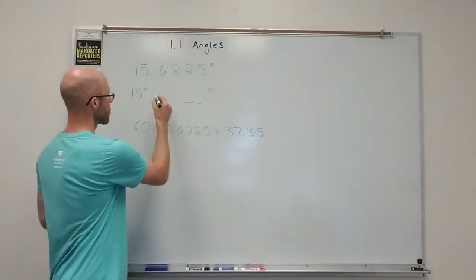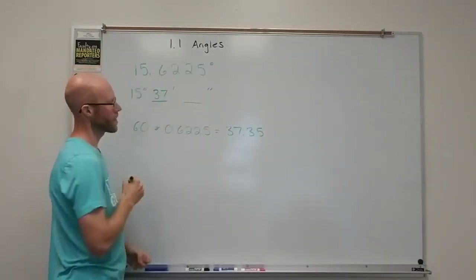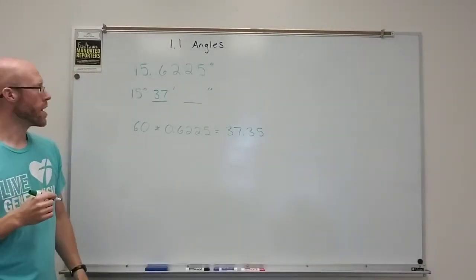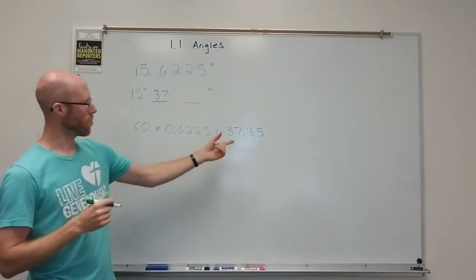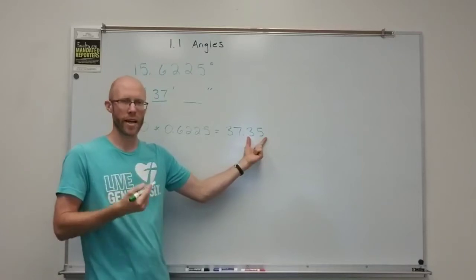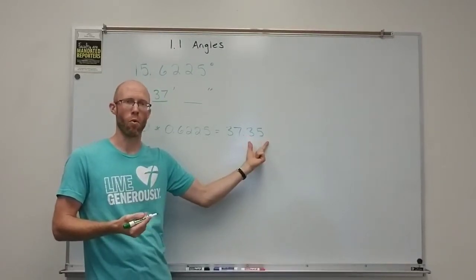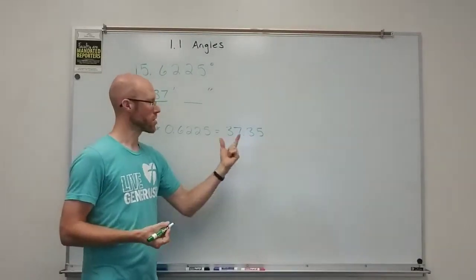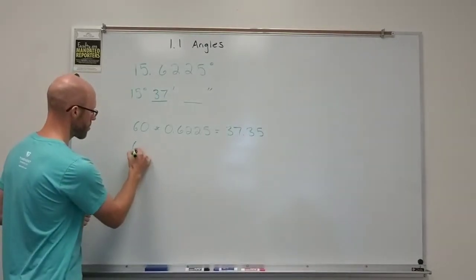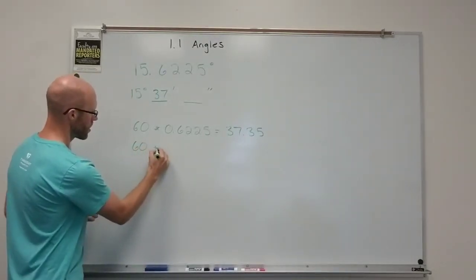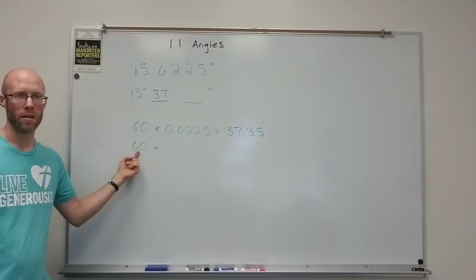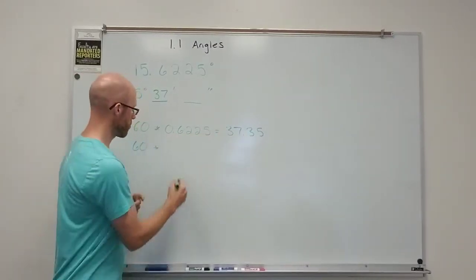So I'm going to take the 37, that's going to be my number of minutes, and then again I want to see how many seconds are represented by this 0.35 minutes. To do that, I'm going to go with another 60, that's how many seconds are in a minute, and I'm going to multiply it by the 0.35.